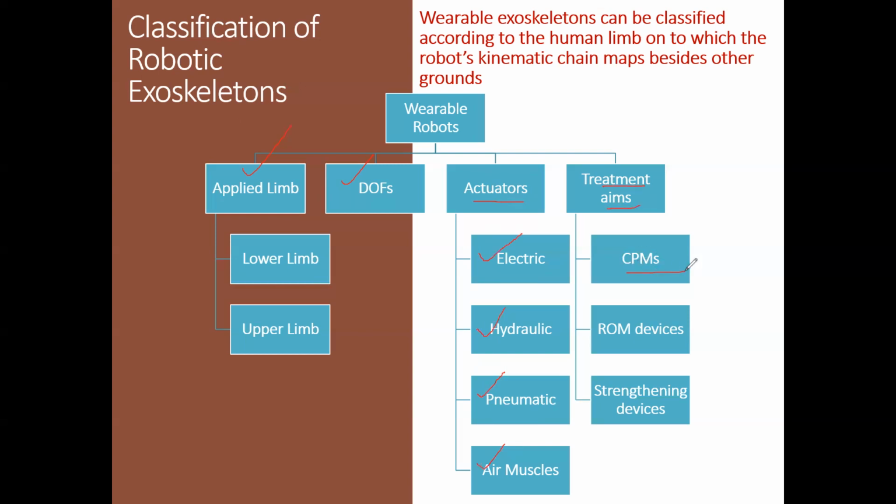There are CPMs, which are passive devices used for motion training. There are devices used only for range of motion training, and further devices used for strengthening of joints. The classification is actually larger than what I've shown here, but as we study the existing robots, we'll talk about these once again.